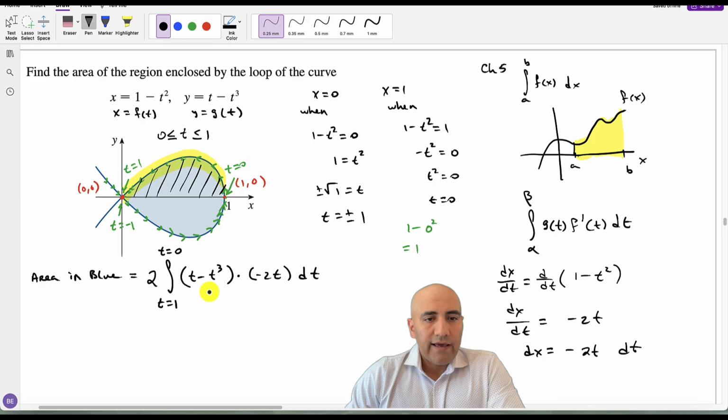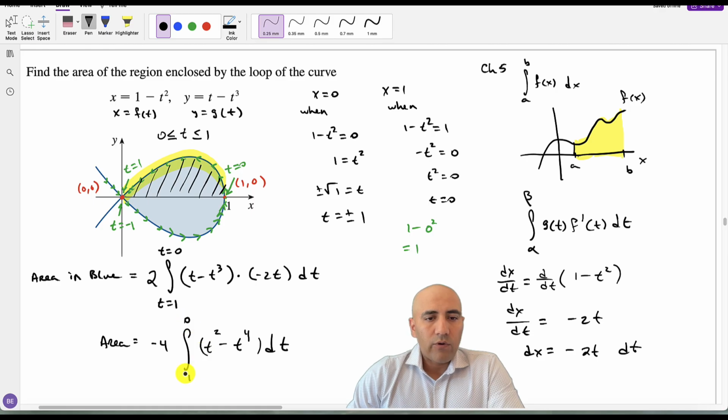Okay, so we have our integral. The setup is the hardest part. Then we can just try and solve this. So the area is going to be equal to minus 4 on the outside, minus 4 integral from 1 to 0 of t to the power of 2 minus t to the power of 4 dt.